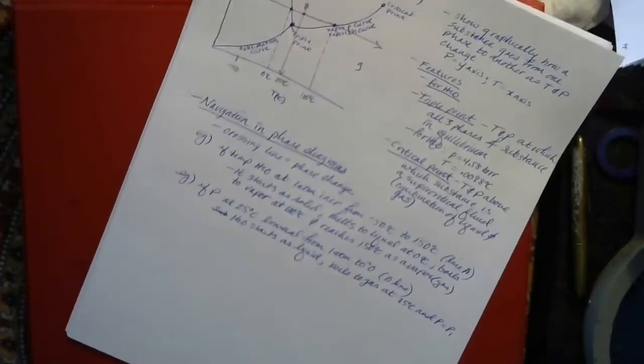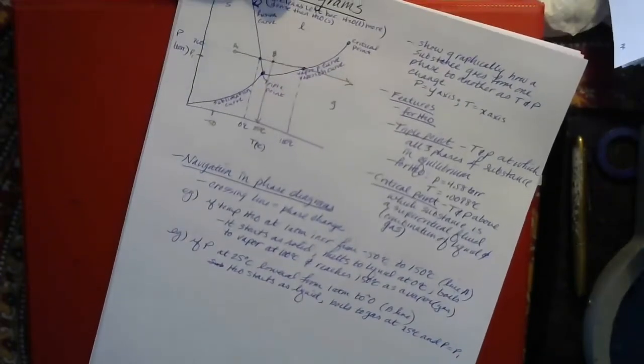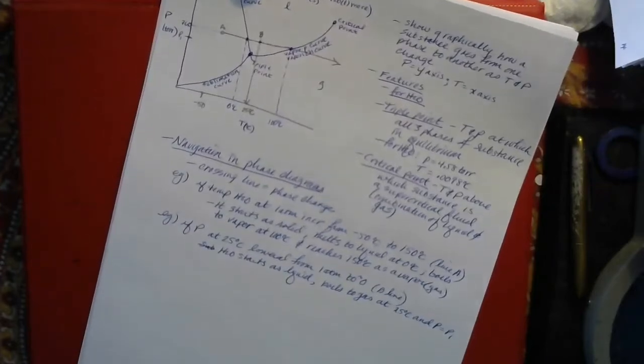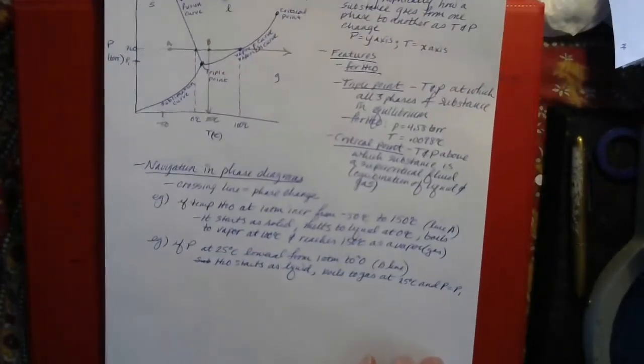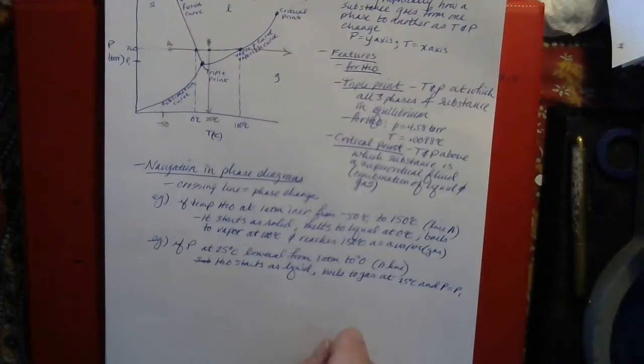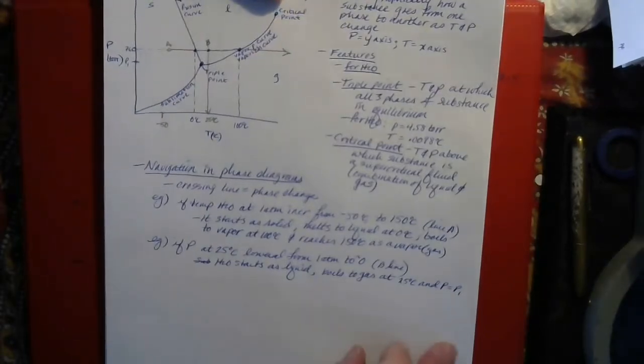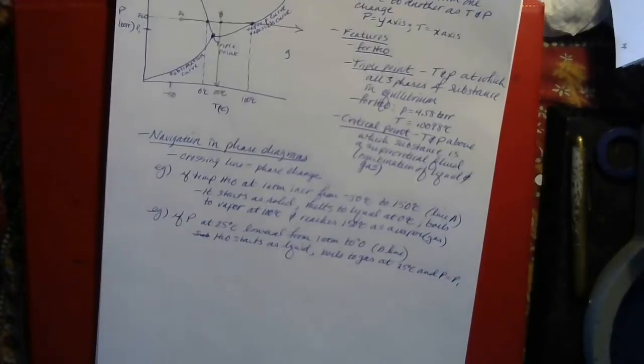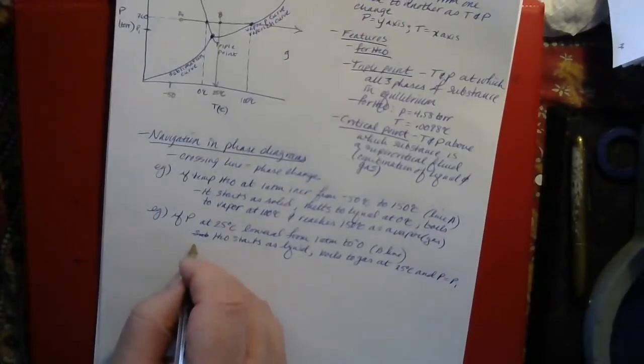Because I don't know what that pressure would be, and this diagram is not drawn to scale, so it's really not easy to figure out what that pressure would be by figuring out how far below the 760 it is on the graph. So we'll just call that P1. And from that point on down, it's a gas.